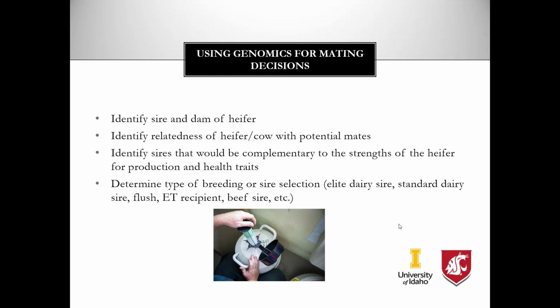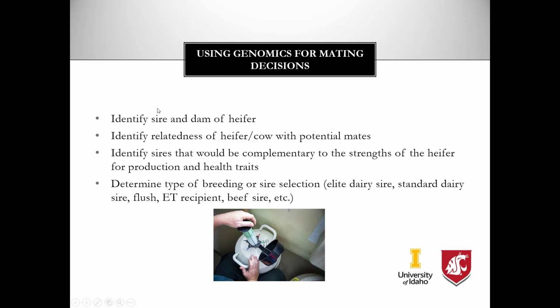Or you could use it for mating decisions on deciding which animals will be bred to beef bulls or elite bulls, or to be used for embryo transfer or recips, for example. I would suggest that if you're paying the money for genomic selection, you try to maximize the value or returns that you're getting out of spending that money, and so you use genomic selection as a tool for all of those things.